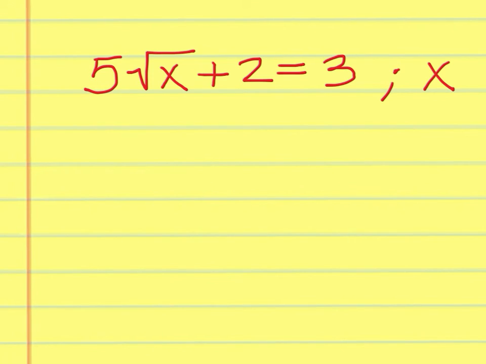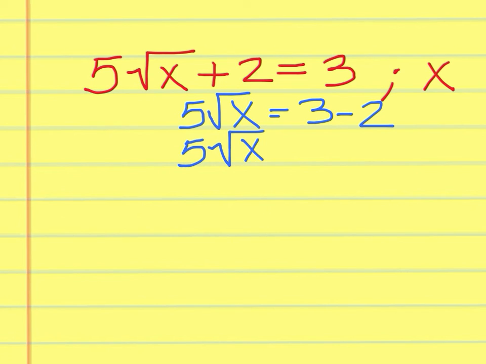We want to get x by itself. To do that, we would first have to move the plus 2 to the right side and make it minus 2. You can simplify 3 minus 2 to come up with 1. And then let's get rid of that 5 by dividing both sides by 5.